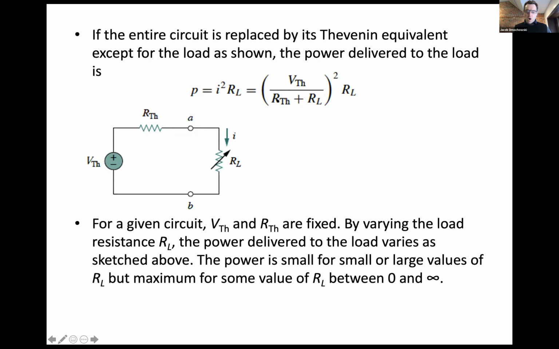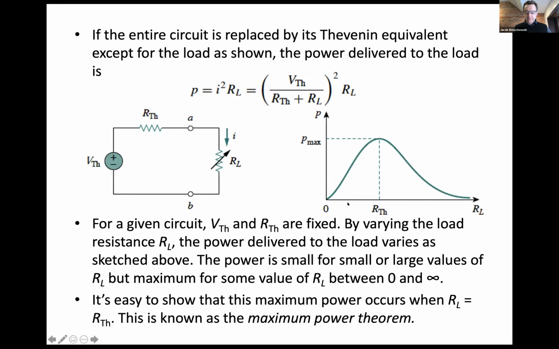And so why don't we tune the value of RL to maximize this quantity, right? If you actually plot this function, and this is a good exercise for you, maybe in MATLAB or Python or by hand if you want, if you sketch out the function P as a function of RL, what you'll see is that it exhibits a discrete maximum at the value of RTH.